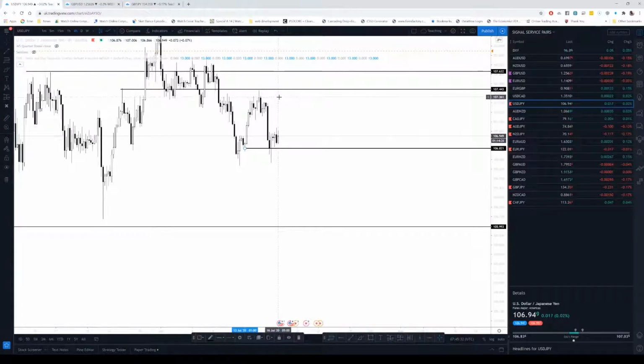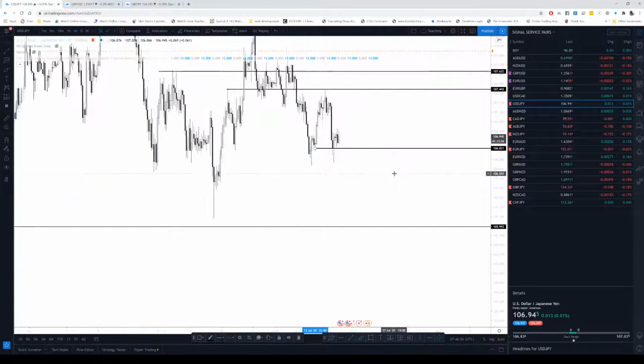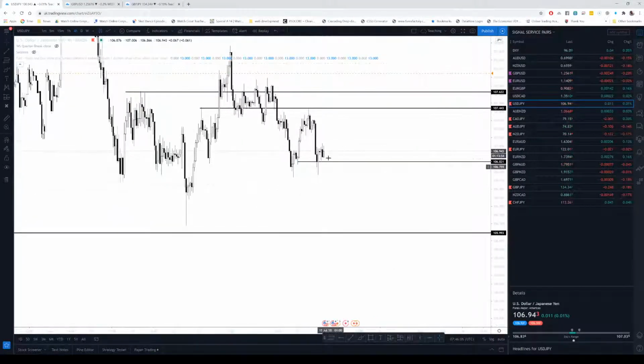If we are to continue going down, this low will give up, and as soon as it gives up on the lower time frame, it should give you some form of a confirmation, which is break it and then retest on the lower time frame, 15 minute or 1 hour, retest and then sell short with a stop above here, and just ride this bad boy to see if we can get down here. All right, so that's what I'm watching for on this pair currently. Let's see if we're going to get a continuation to the downside.